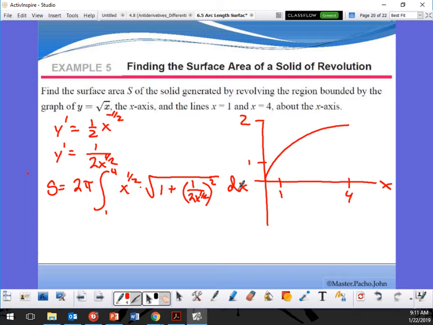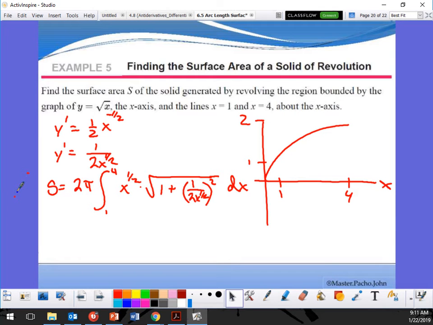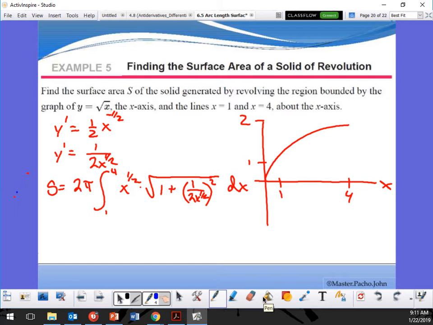Okay, so let's go through, and I'm going to fill in my sketches here. I'm going to wait till my board decides to start working again. There we go. So it's going to revolve like this, and same thing here.